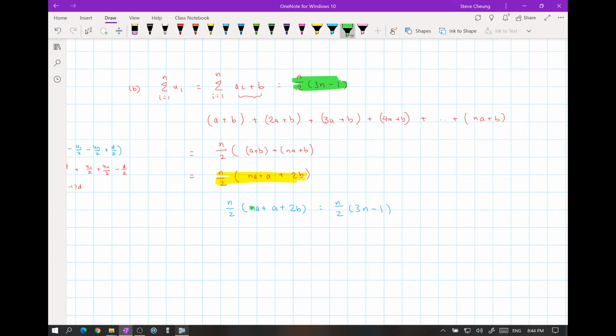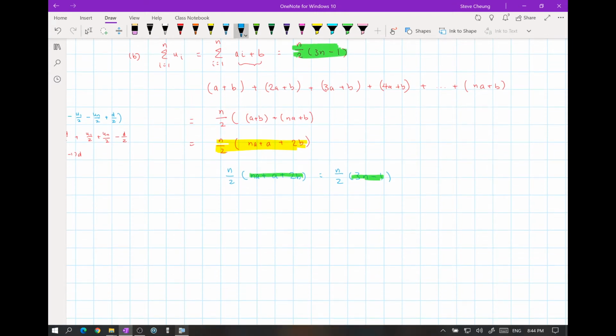So that means the inside has to agree as well. There's only one term with n, it's the first one, so we can say that n times a has to equal 3n, so we're just matching this. And a plus 2b has to equal -1.